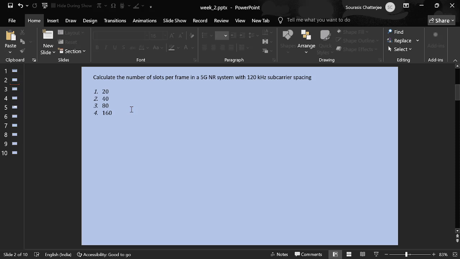Whenever I want to define a slot duration in terms of time, I need to look at other system parameters like OFDM symbol duration or subcarrier spacing, because that is going to define it. What is fixed about slot is the number of symbols. As you correctly pointed out, there are always 14 symbols, but the duration keeps on varying. For example, for 15 kilohertz subcarrier spacing, let me write it down here.